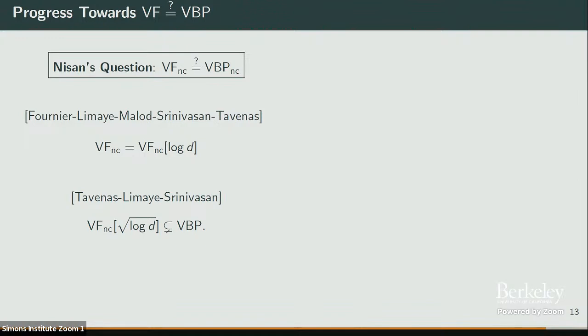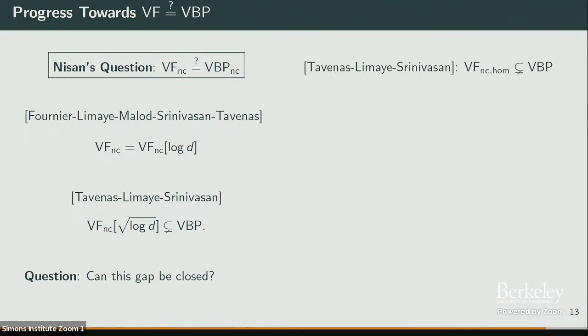So you know how to depth reduce up to log d, and you know how to separate from root log d onwards. The question obviously is, can this gap be closed? Beyond log d, you would expect the blow up starts becoming super polynomial, but how do these two interact? It's very interesting.